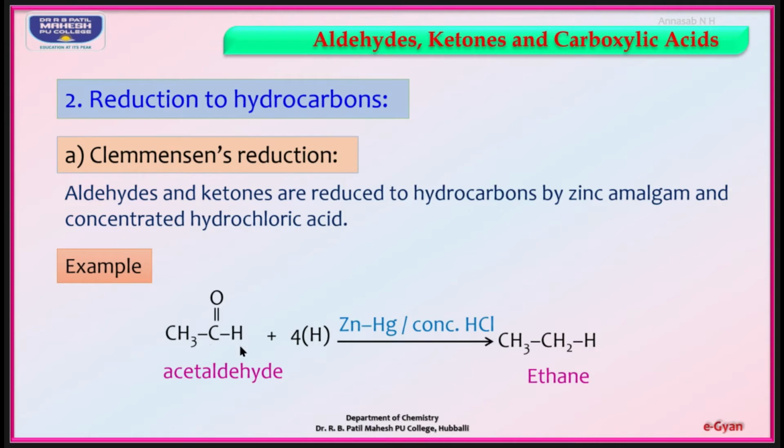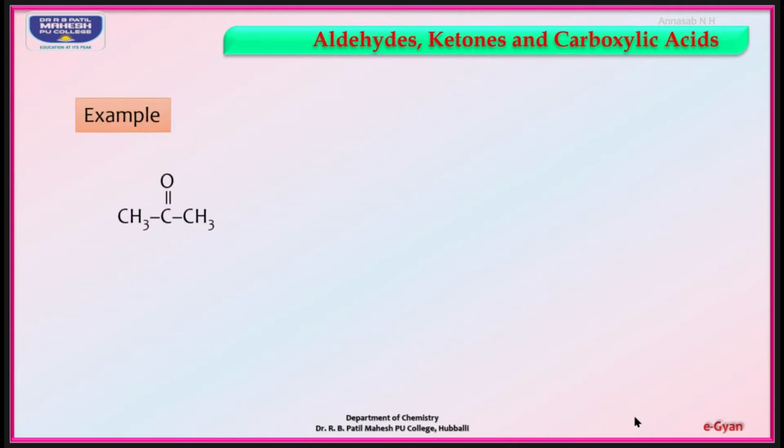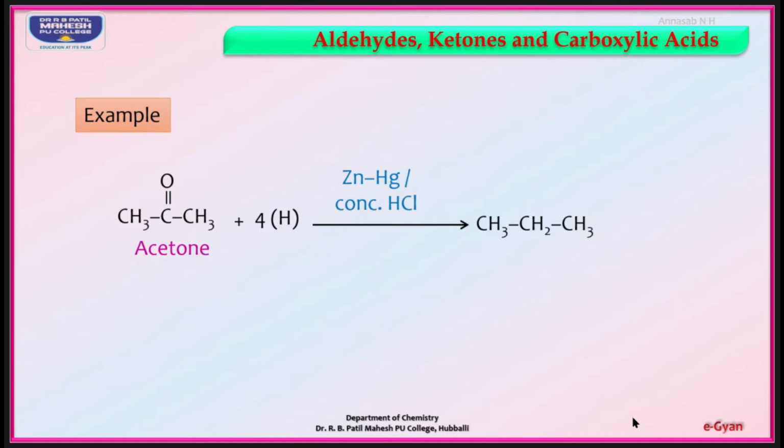Aldehydes are reduced to hydrocarbon. Another example: ketone, acetone, which is treated with zinc amalgam in presence of concentrated HCl, leads to the formation of the respective hydrocarbon, that is propane, by the liberation of a water molecule. Here also the C double bond O or the carbonyl group is converted into methylene group CH2.